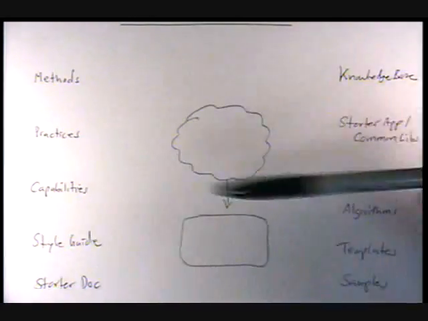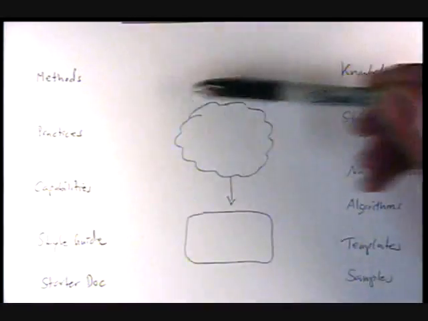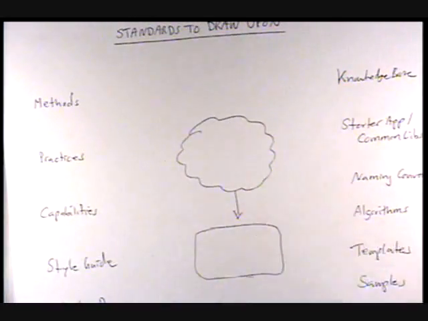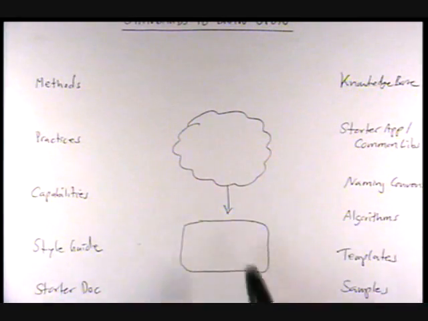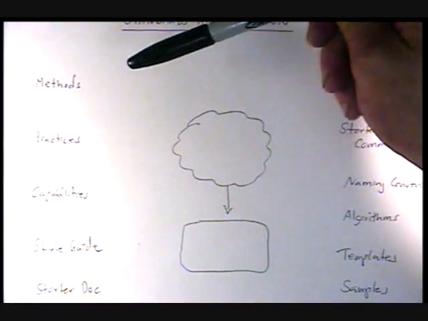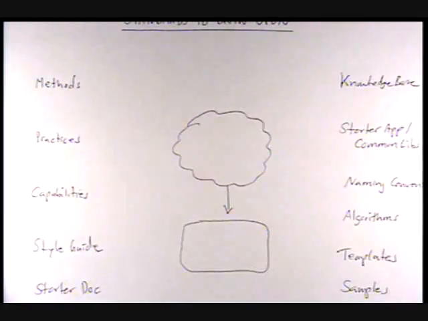And Eric has a better drawing of this, but as we bring this thing out of the clouds and into something that is not a square yet, not square edges, but is getting closer to something that is physically in reality, we apply our methods, which are different ways of doing things. So, for example, for importing into a database, there may be 3 or 4 ways of doing that, and those are documented there. And our practices would be the way that Verant does business.